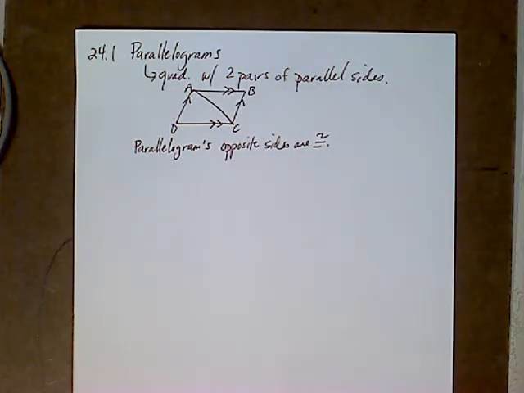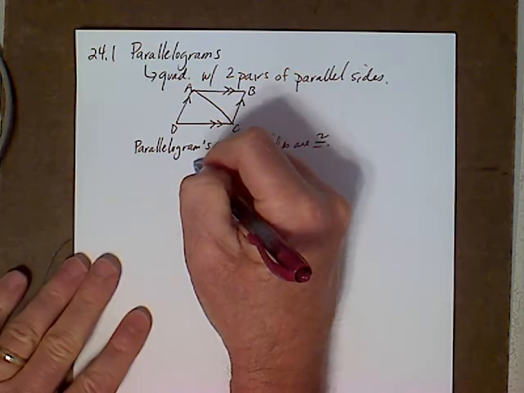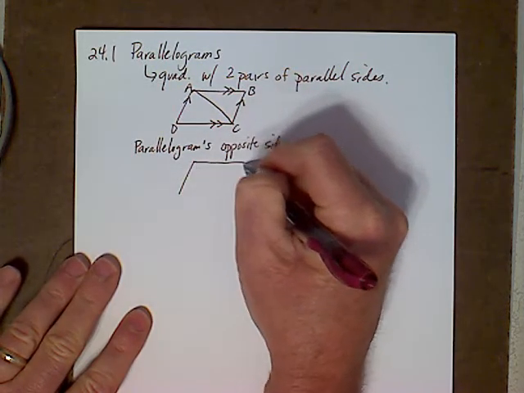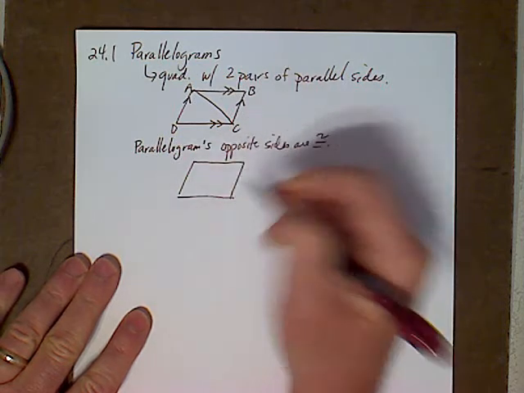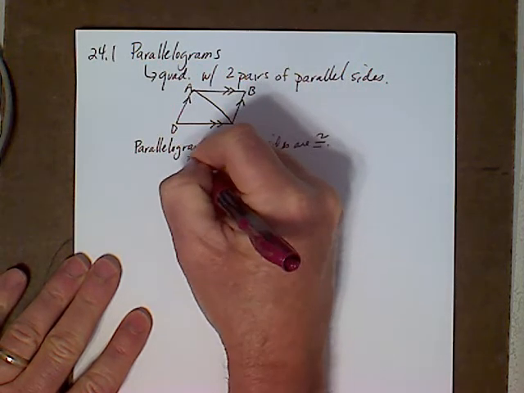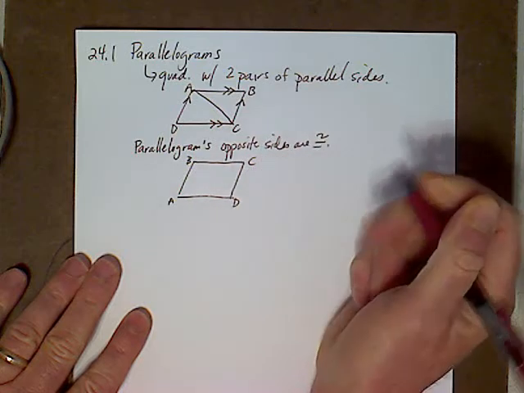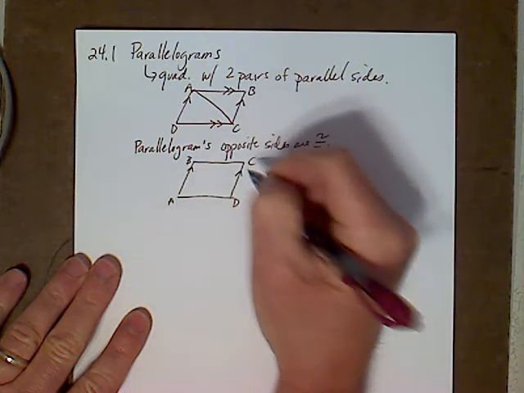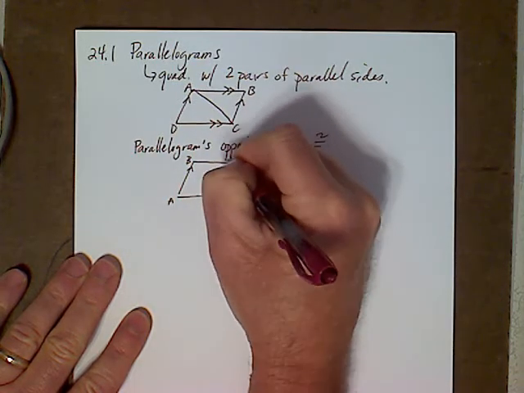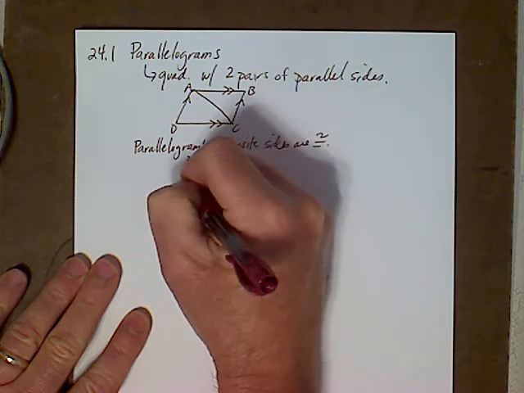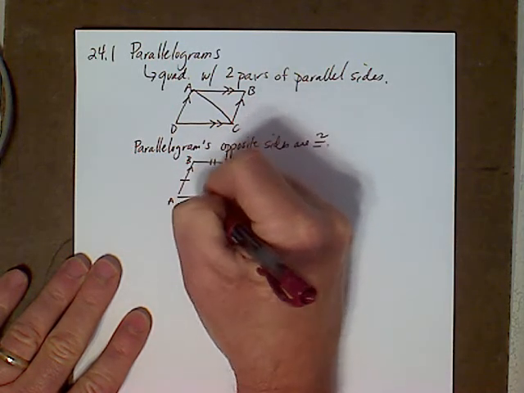That's one of the theorems that goes with parallelograms. What they're saying is if I tell you that this is a parallelogram, ABCD, not only are the opposite sides parallel, but also the opposite sides are congruent.